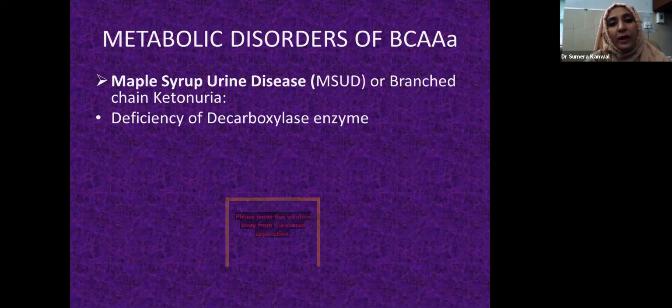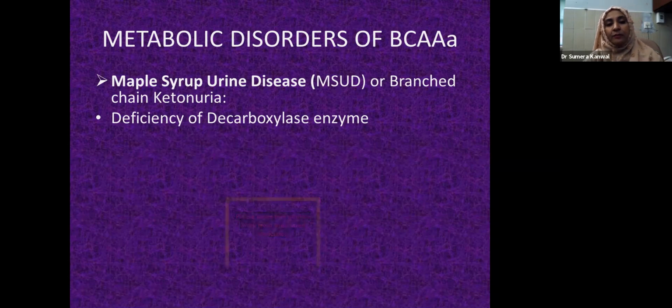These three alpha keto acids come from the transamination of leucine, valine, and isoleucine respectively. Then these alpha keto acids undergo the next step, which is oxidative decarboxylation, oxidation, decarboxylation, and addition of coenzyme A.